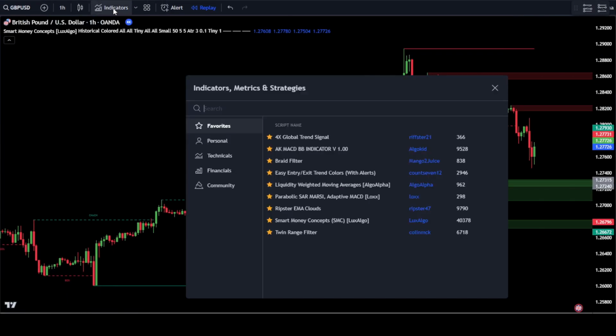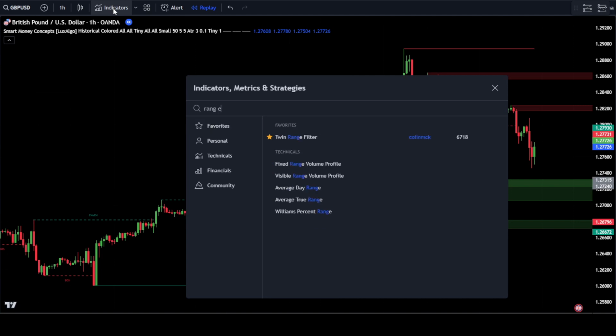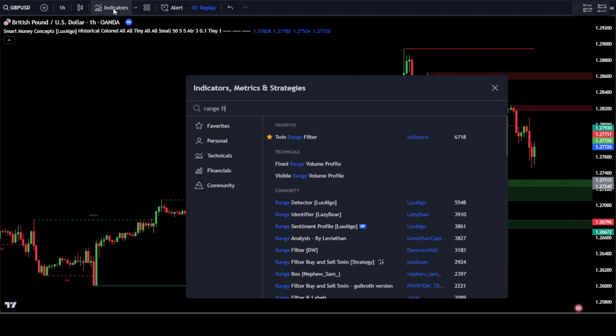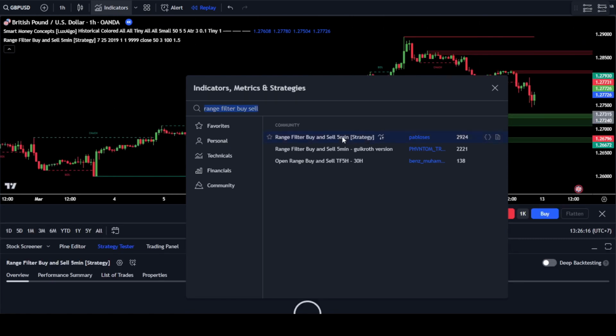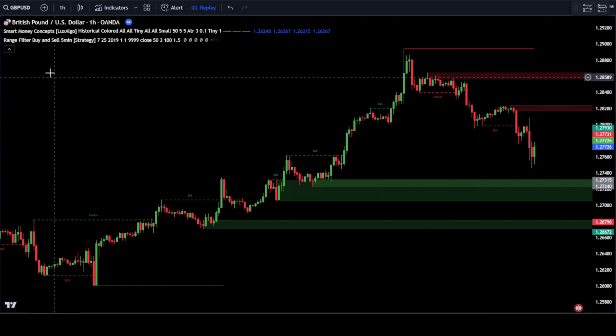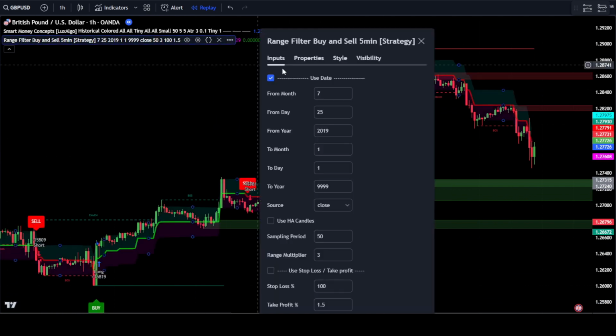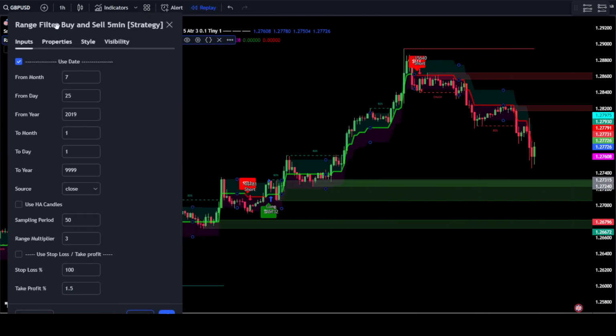Go to the Indicator Search tab, then type Range Filter Buy and Sell 5 minutes. Next, select the Range Filter Buy and Sell 5 minutes from Pabloses. Then, go to the settings of the Range Filter Buy and Sell 5 minutes indicator. In the Input tab, change the sampling period to 100.